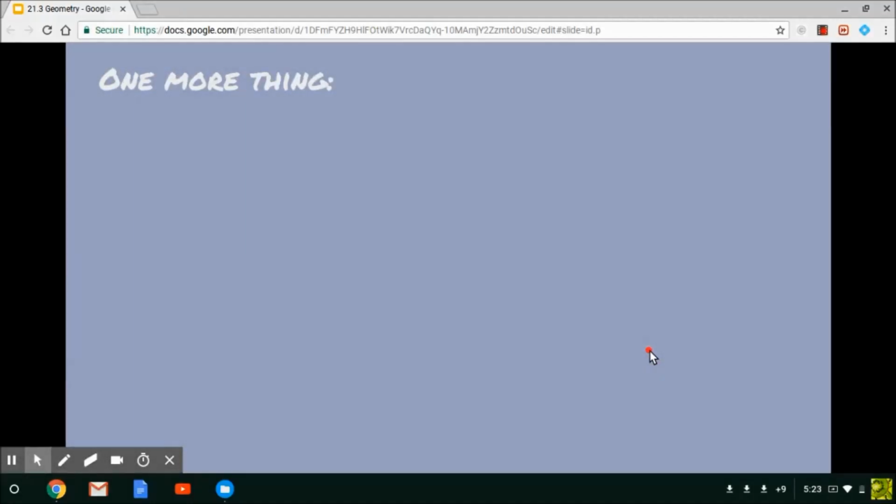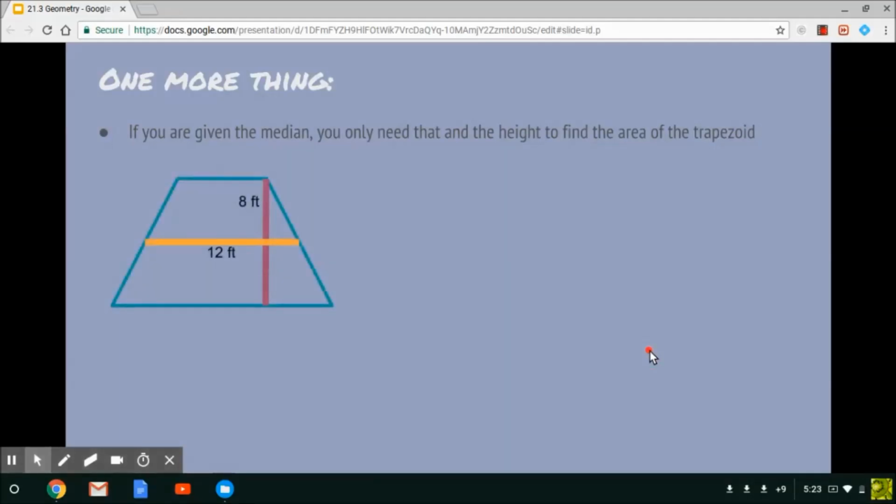All right, so one more thing. If you're given the median instead of the bases, you only need that and the height to find the area of the trapezoid. So for example, if you know that the median is 12 feet and the height is 8 feet, you can do this because the median is equal to b1 plus b2 over 2.